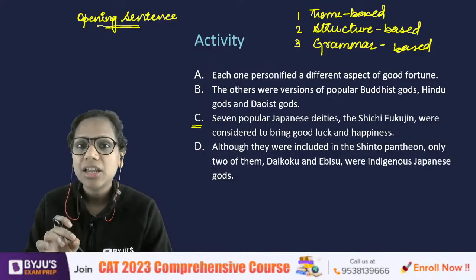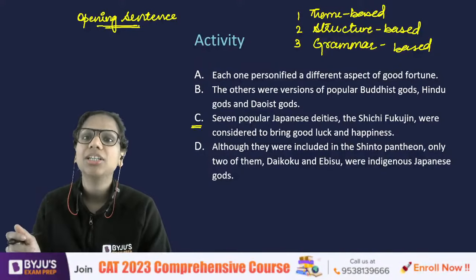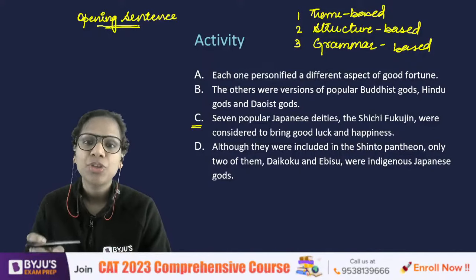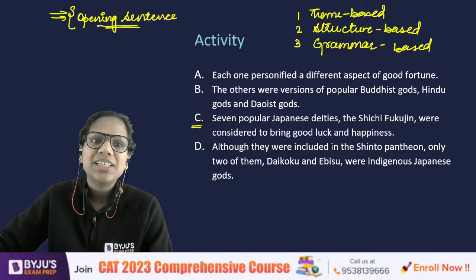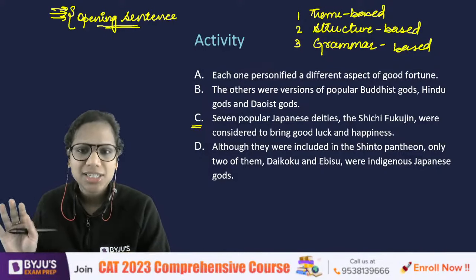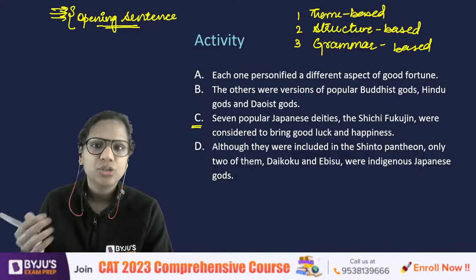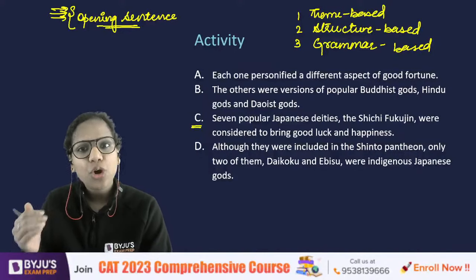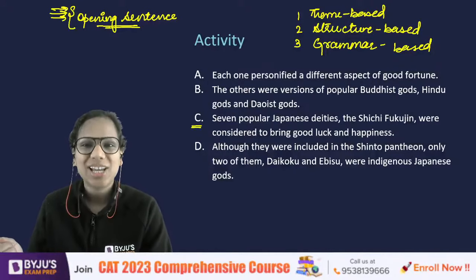Remember, this is a paragraph and not an essay that you are reading. It will not necessarily have a clear introduction and a clear conclusion. So if there is a sentence that is in the nature of an opening sentence, you will find it pretty easily, as you did here. If you're able to do that, excellent. You start your sequence like that. If not, don't be very stubborn that I'll first find the first sentence and then only I'll proceed.